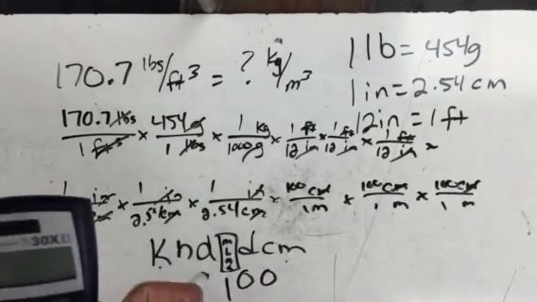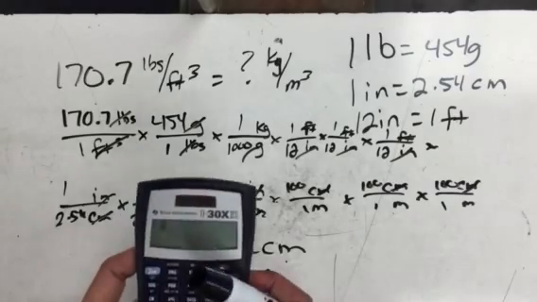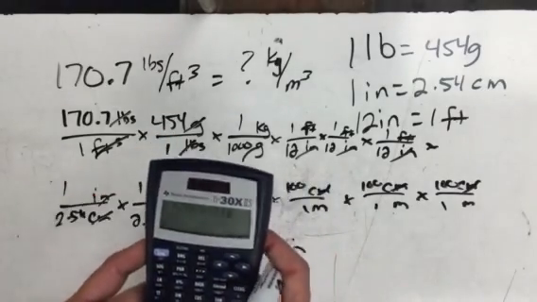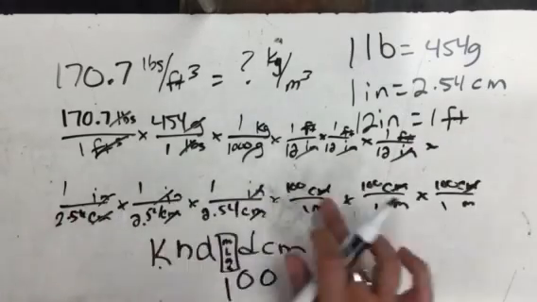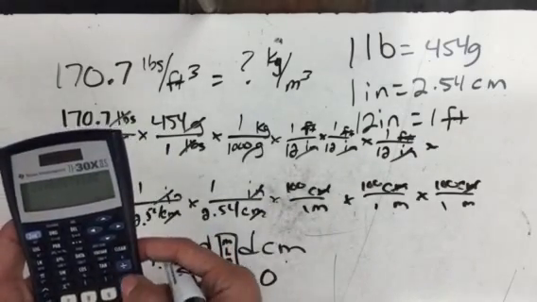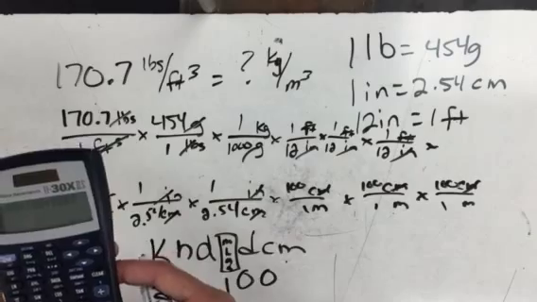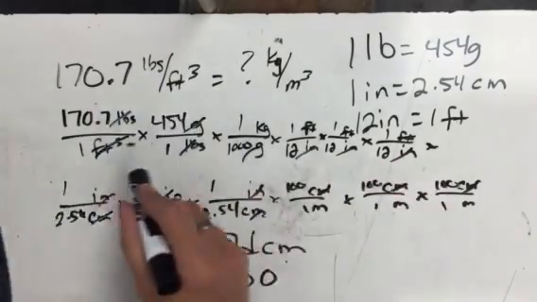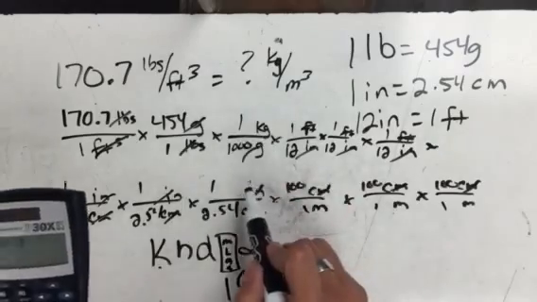Now I'm going to just multiply everything on top divided by everything on the bottom. So I take 170.7 times 454 times, coming down here, I've got 100, and I'm doing that 3 times. Okay, I hit equals. Then I'm going to divide, left parenthesis, because I want everything on top divided by everything on the bottom.